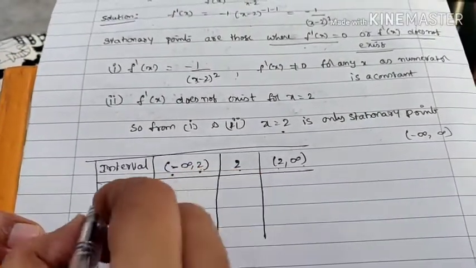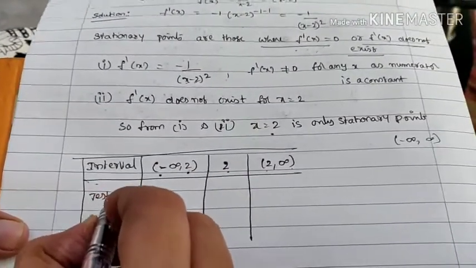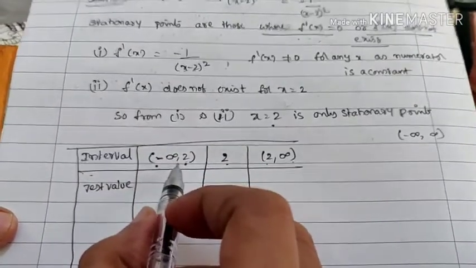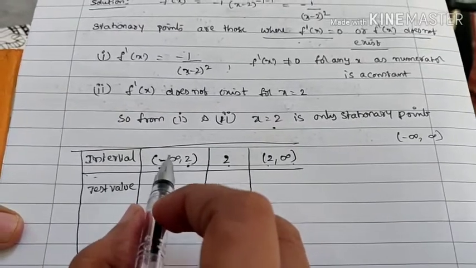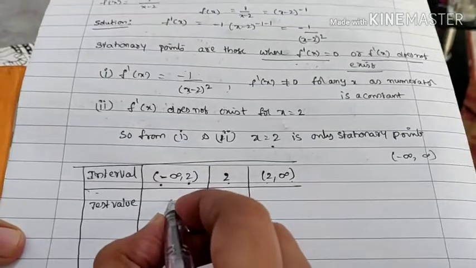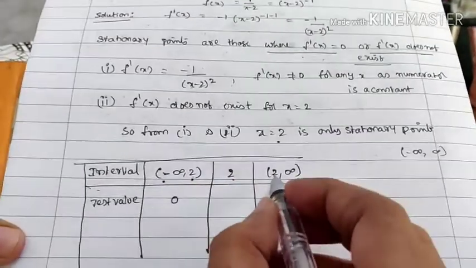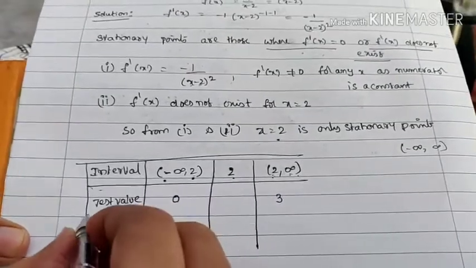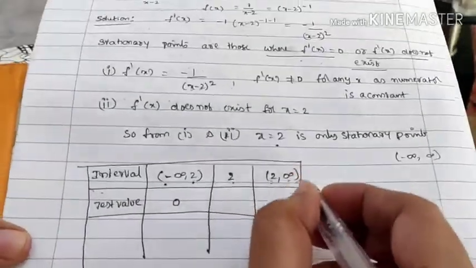Now in between the interval you can take any test value. You can take minus 1, minus 2, minus 3, 0, 1, 2, something like that. Suppose I am taking 0, so it is easy. In the interval 2 comma infinity, you can choose 3, 4, 5 or anything. So I am taking 3 here.